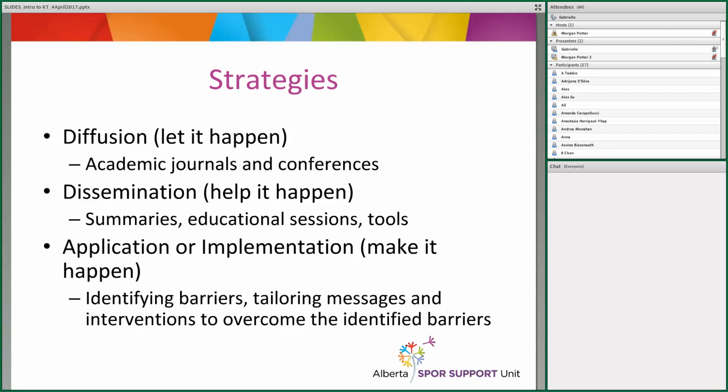The next step, called here dissemination, is helping it happen, and this is where you might create summaries or educational sessions or those key messages as I mentioned. Application or implementation is helping to make it happen, and this would mean identifying some barriers. You're going to have to tailor your messages a bit more, as well as the interventions. The application aspect is a fundamental component of integrated KT and is seen less with end-of-grant KT, but it doesn't mean you shouldn't think about it.